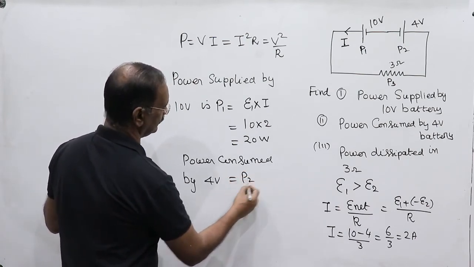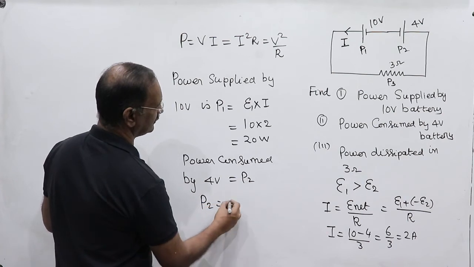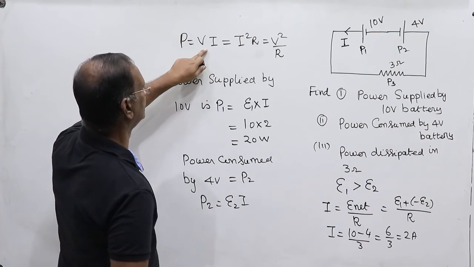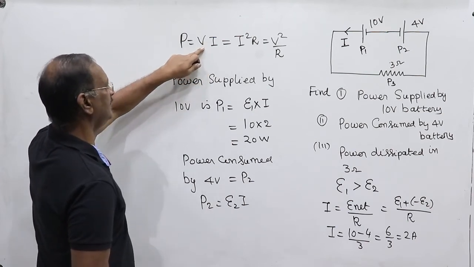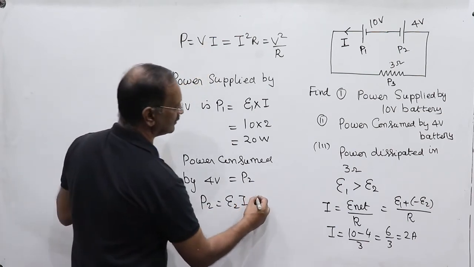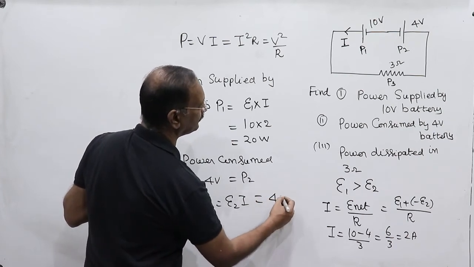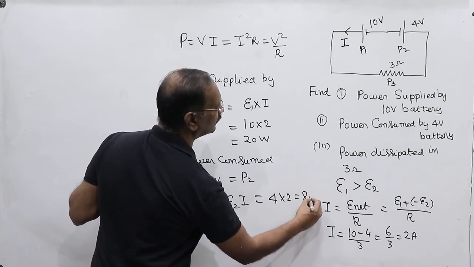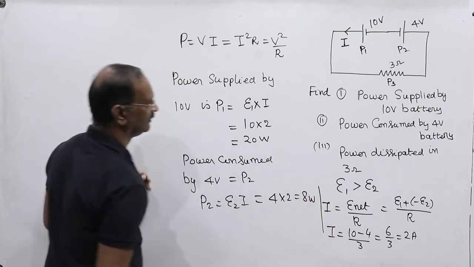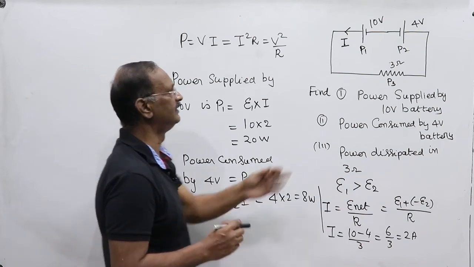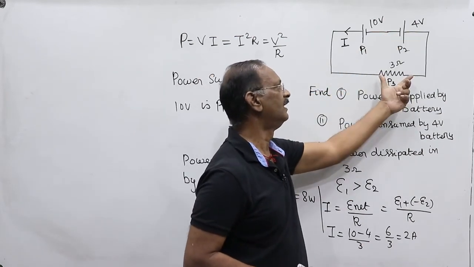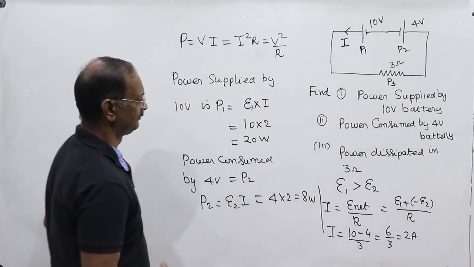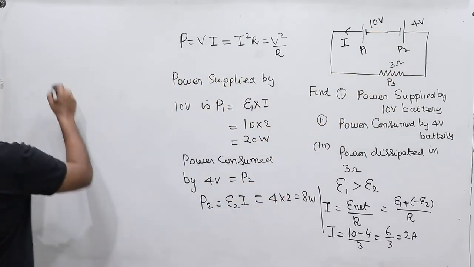We write it as P2, which is equal to E2 into I, because for a battery, instead of V it will be epsilon. So it is 4 into 2, equal to 8 watt. It means after it supplies 20 watt, 8 watt it consumes, and the remaining is 12, 20 minus 8.